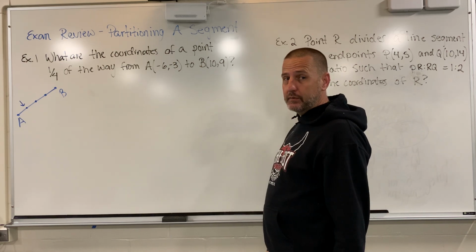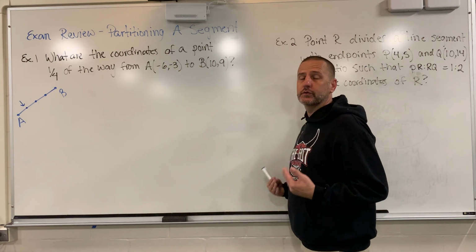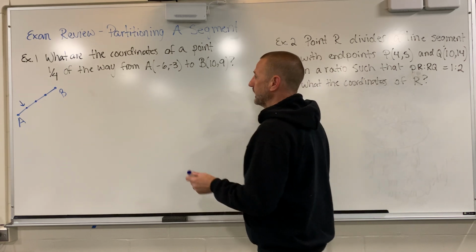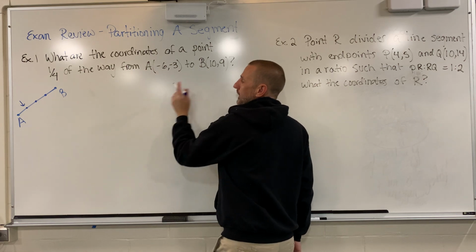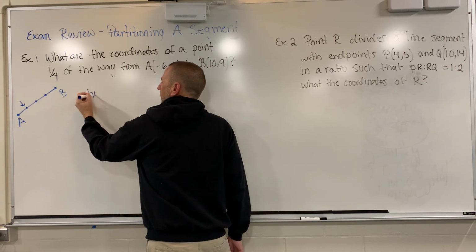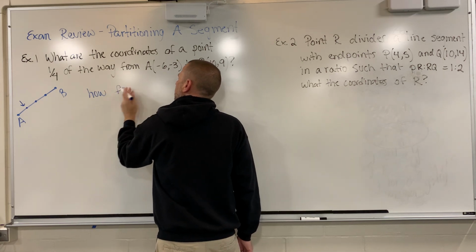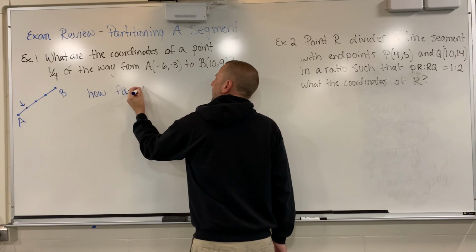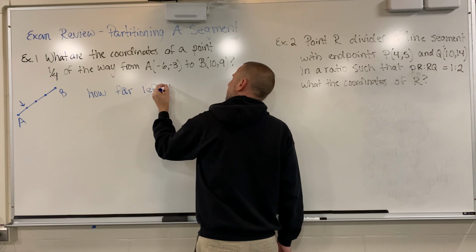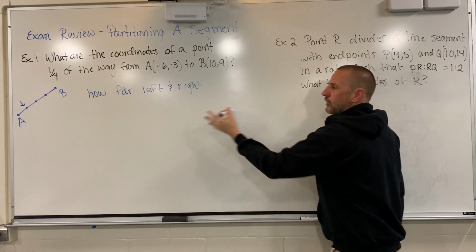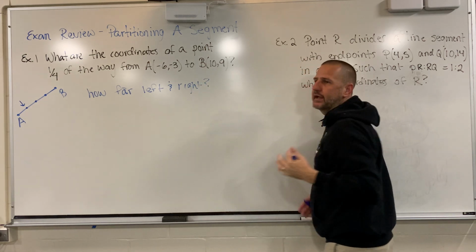All right, so the first thing we got to look at is our overall trip. I need to figure out 2 very important numbers about A to B. So when I look at A to B, I need to look at how far left and right. This is talking about the x values.